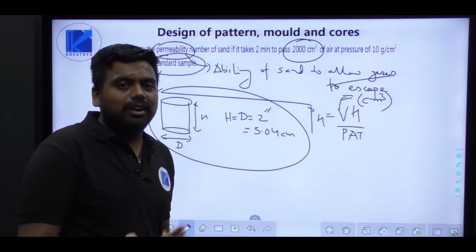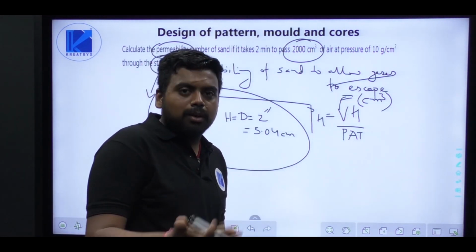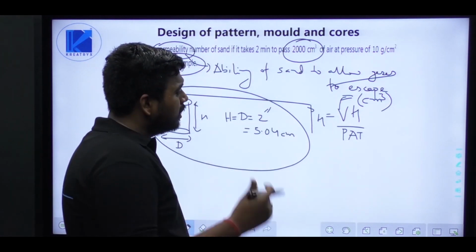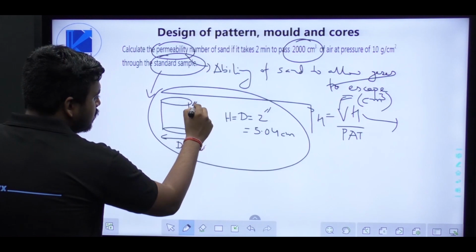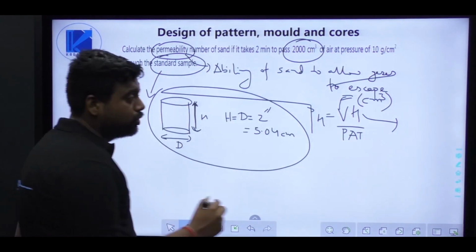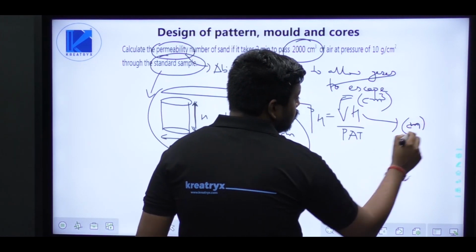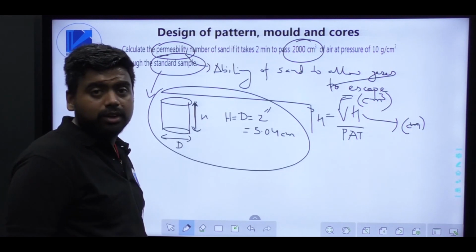But otherwise, if in a competitive examination the unit is in some other terms like mm or meter, you have to convert it into centimeter cube. Now h is the height of the specimen, and this should also be in centimeter. In this question, I have already put the value of h as 5.04 centimeter.